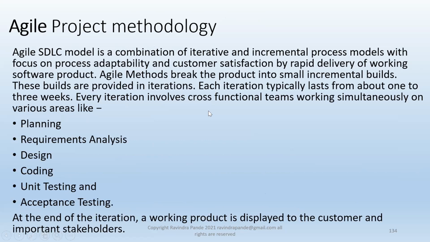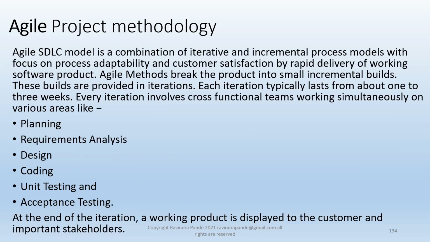Then came the Agile project management methodology. This was in the late 1990s, where we came up with a good, or rather the best, project management methodology called Agile. Here, the SDLC can be planning, requirement analysis, design, and then construction, coding and unit testing, and last is acceptance testing. Here we are building a flexible model where we are collaborating with the client on an almost daily basis, and this way we try to build the working product every week with a kind of iteration called a sprint.